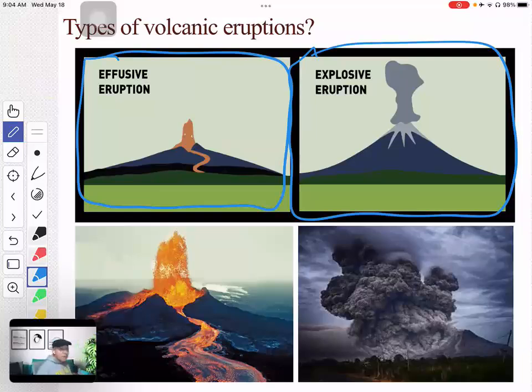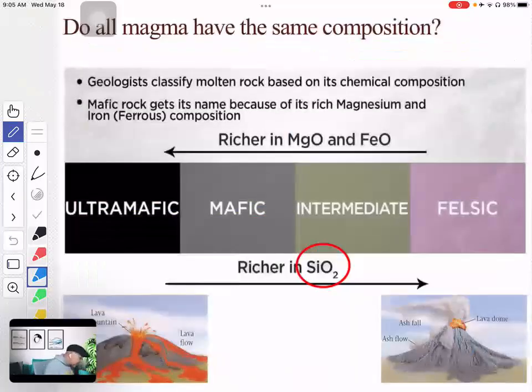For example, the lava is not going to go uphill, so places that are uphill are not going to be affected by the moving lava. But if you have an explosive eruption, it doesn't matter if you are on a hill or not, that hot ash might be falling for miles away from the volcano. And that disruption can cause a lot of damage. So, two very different types of eruptions.